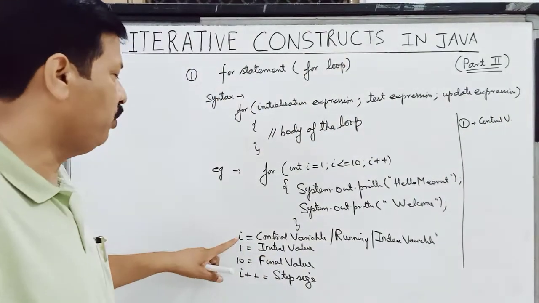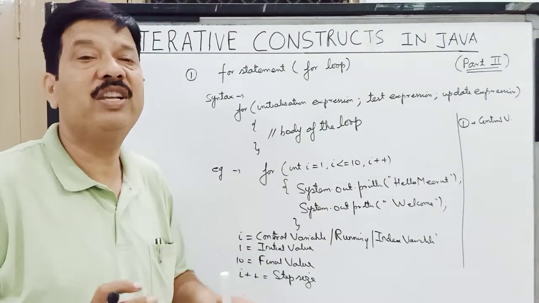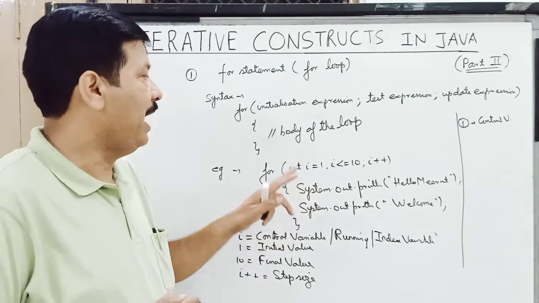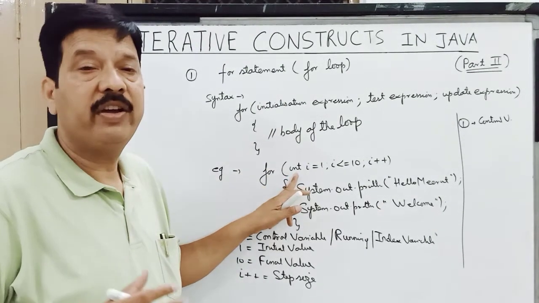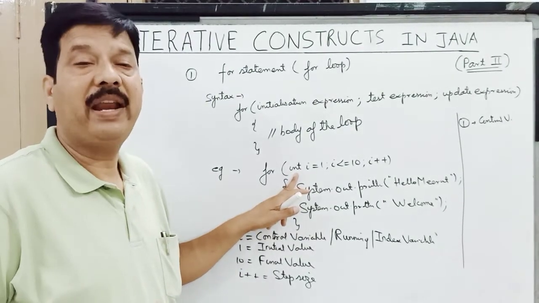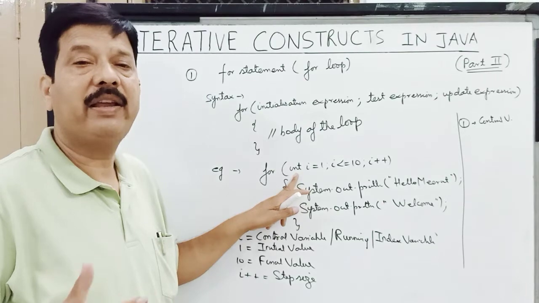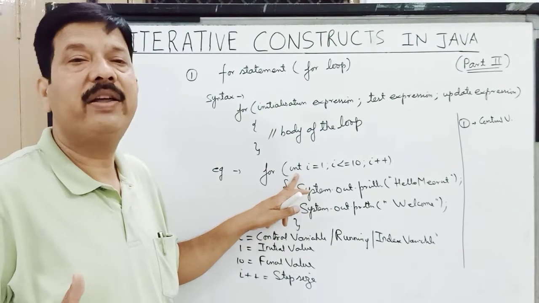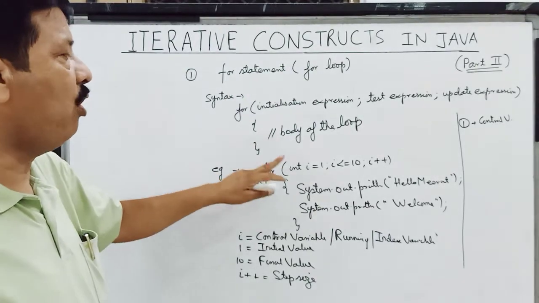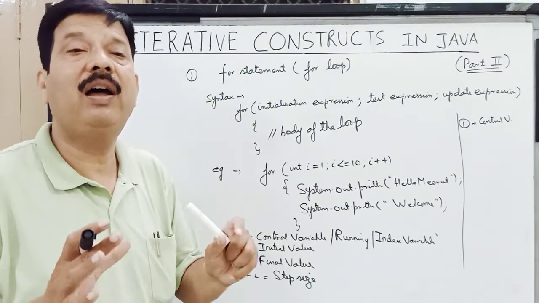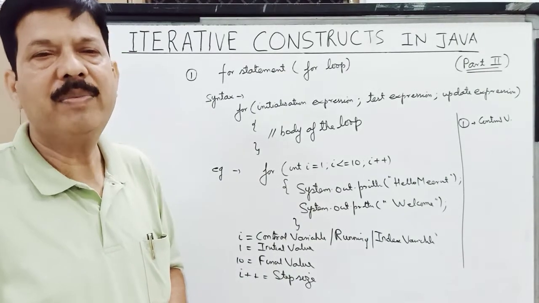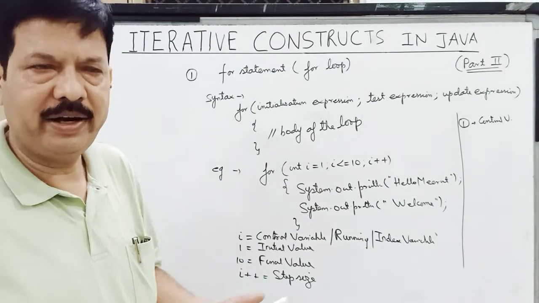The control variable in a for loop must be a numeric variable, and as I have used this variable as integer, it may be integer, float, double, and it can also be of type char, as I have told you that a character is a numeric value. So the control variable in a for loop is always a numeric value of any numeric data type as well as of character data type.